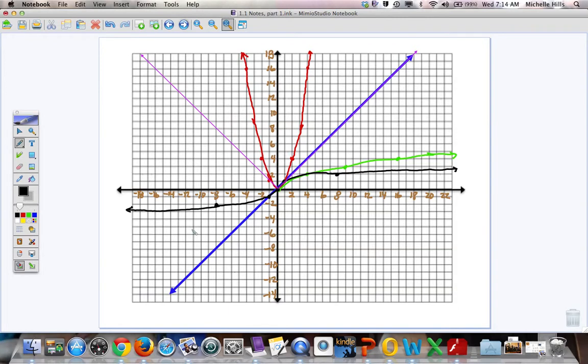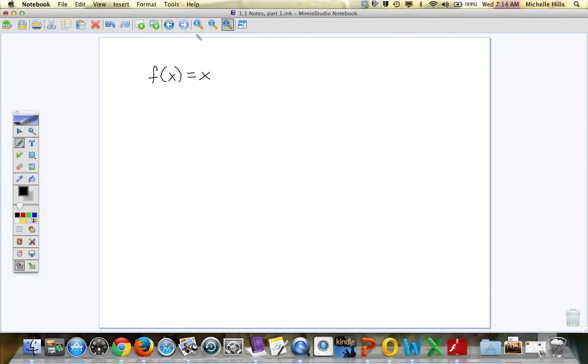Eventually it's going to hit every x value possible, and since it's never purely horizontal, it always extends vertically as well. So for interval notation, my domain, which is the list of all of the x values, is going to be negative infinity is less than or equal to x is less than or equal to positive infinity.